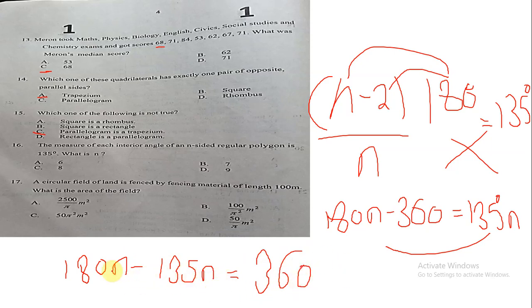Then the difference between 180 and 135 will be 45n, which is equal to 360. Then divide both sides by 45.